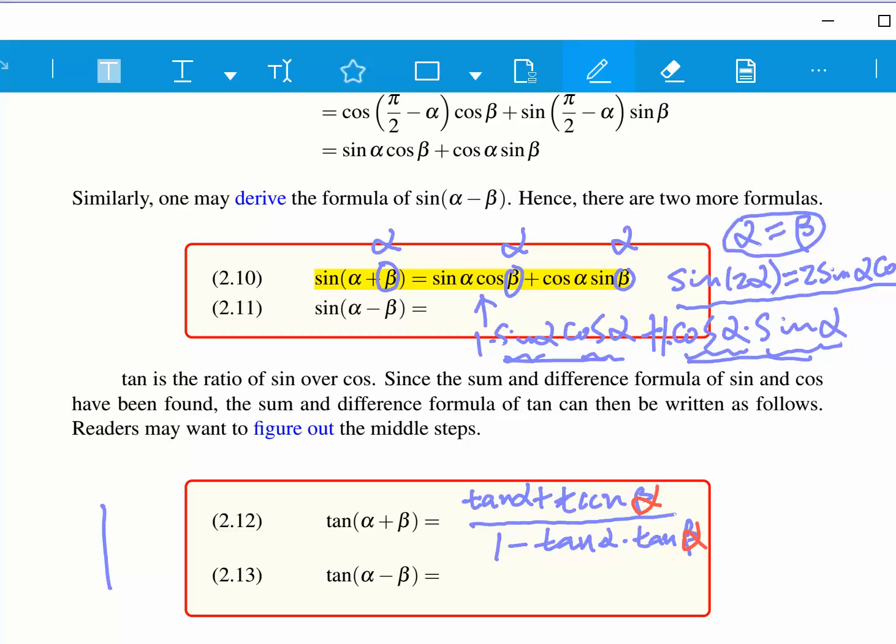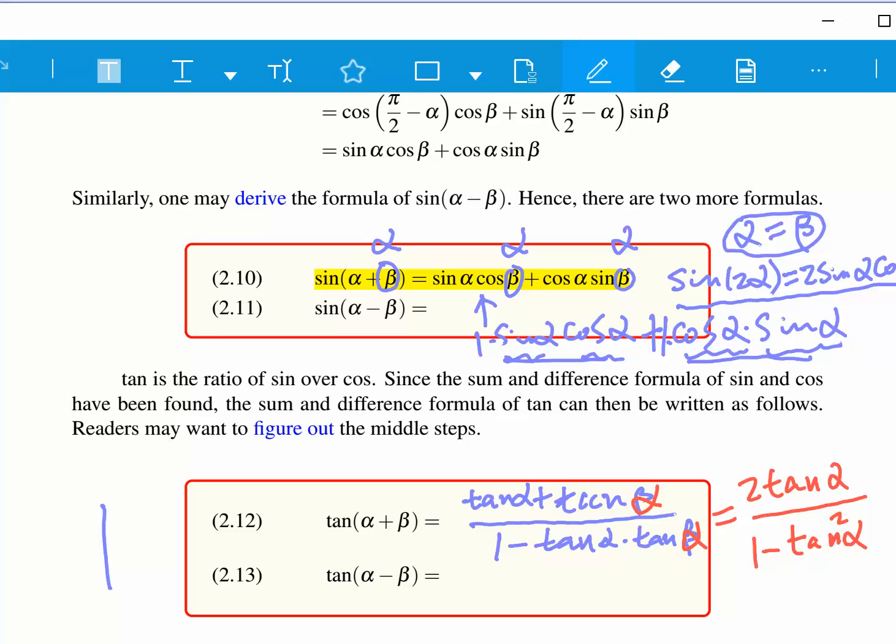You have tangent alpha plus tangent alpha, which gives you 2 tangent alpha. And then 1 minus tangent alpha times tangent alpha is tangent alpha squared.